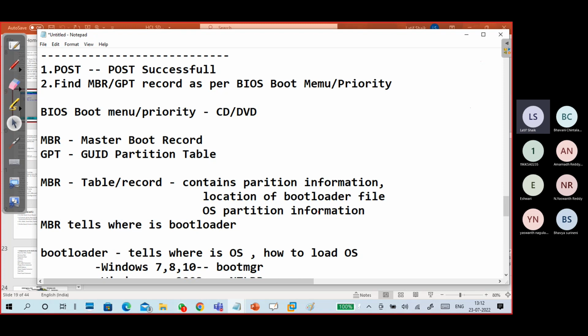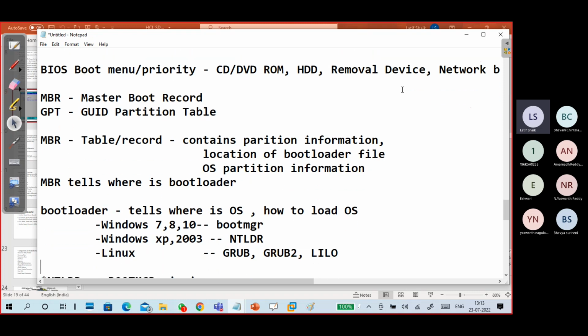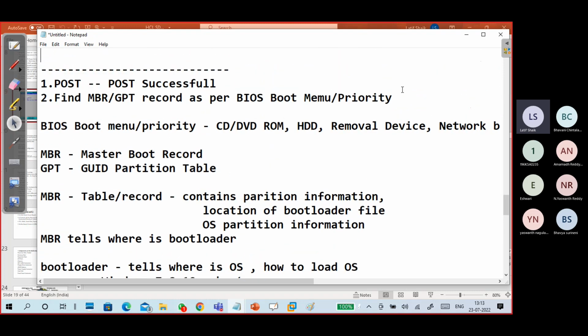For example, in priority order: CD-ROM, maybe a hard disk, removable device, meaning pen drives, network. So there is a boot priority. Based on the boot priority, it takes the MBR record from it. The MBR record will tell where the bootloader is.